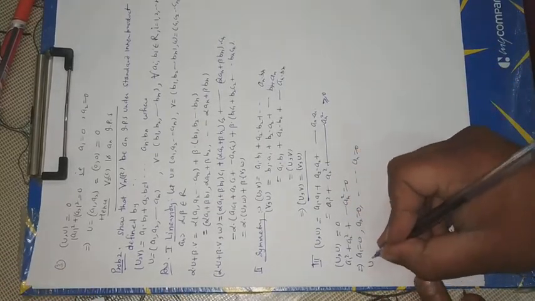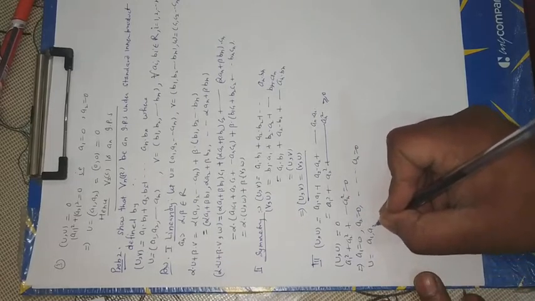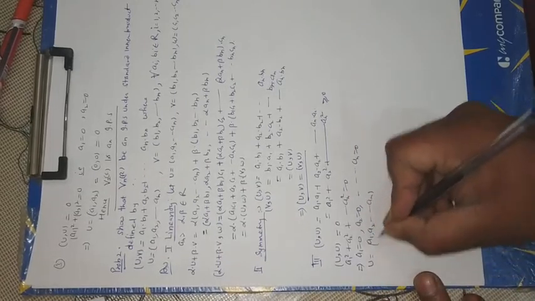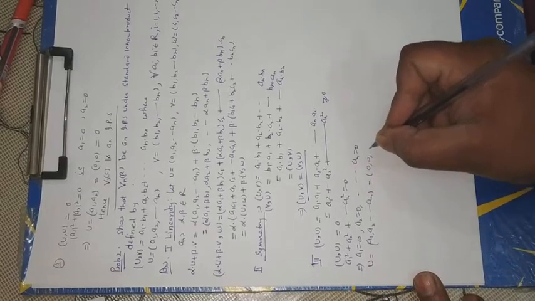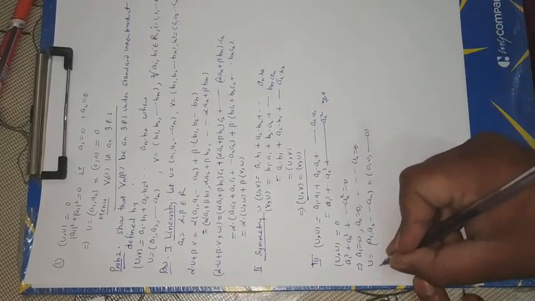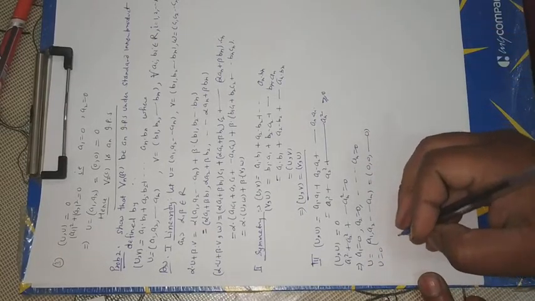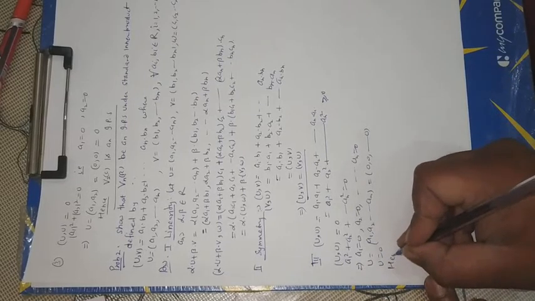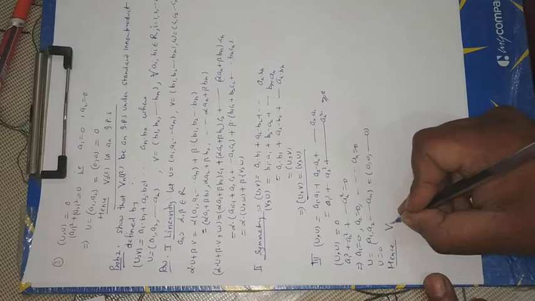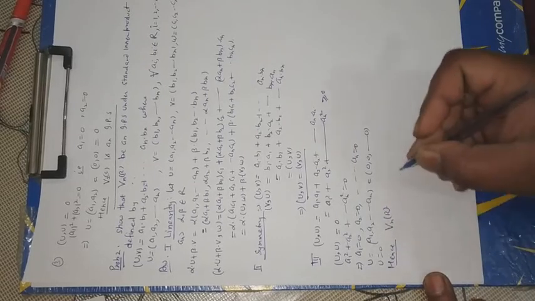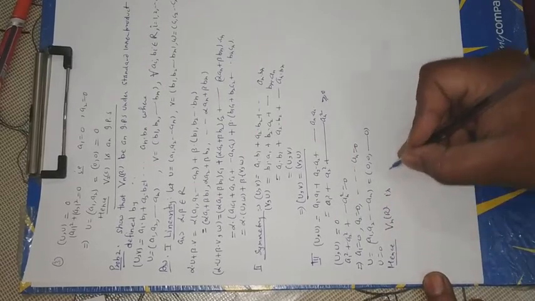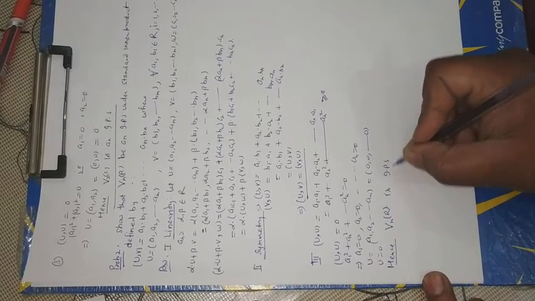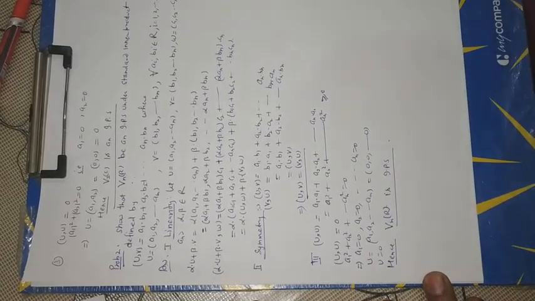Now U equal to A1, A2 dot dot AN, always equal to 0, 0 up to dot 0, that is U is equal to 0. Okay. Hence V and R is an inner product space, IPS, that is inner product space.